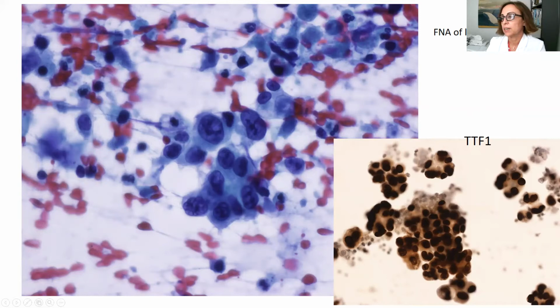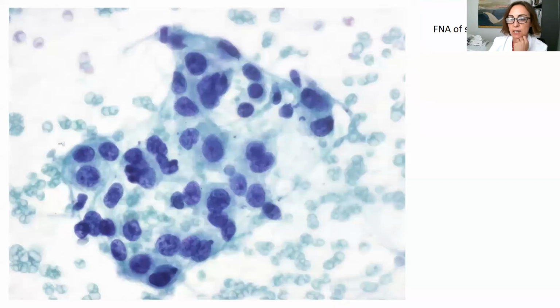This is a fine needle aspiration of a left adrenal gland. It's easy to diagnose adenocarcinoma with this smear, but if TTF1 is positive, we are confident that the origin is lung. This is another case of a supraclavicular lymph node. You see the case.